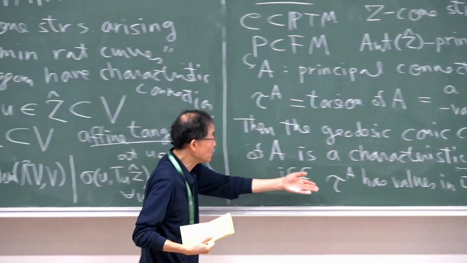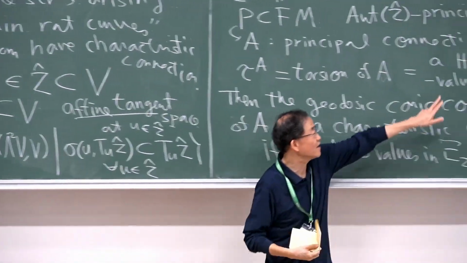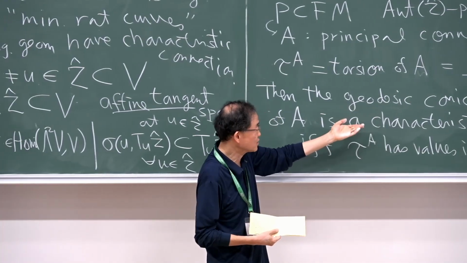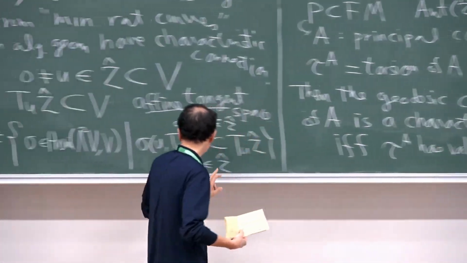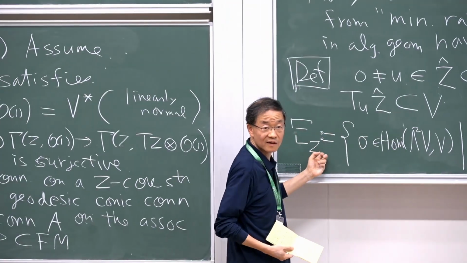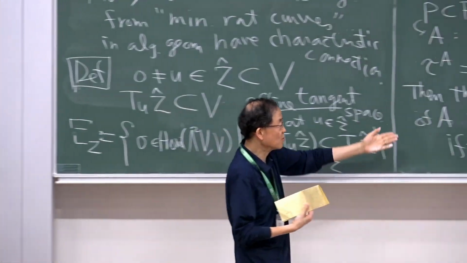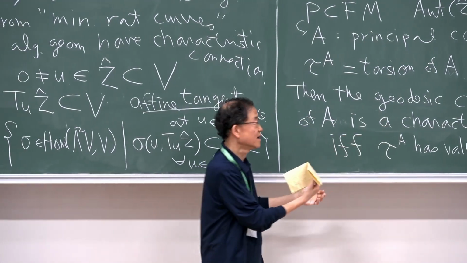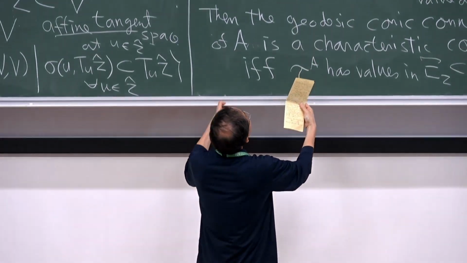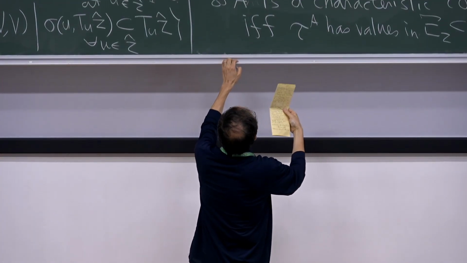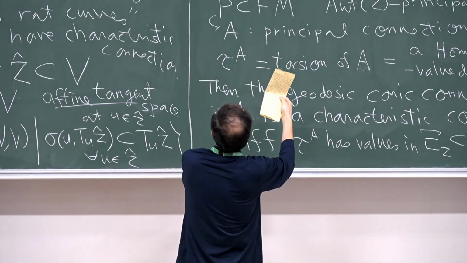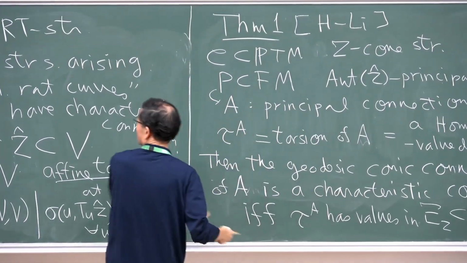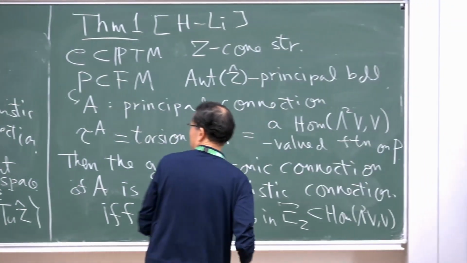The torsion is a function with values in this vector space. If the torsion of the connection has values in this smaller vector space, then the geodesic connection is a characteristic connection, and vice versa. In this correspondence, so let me see.